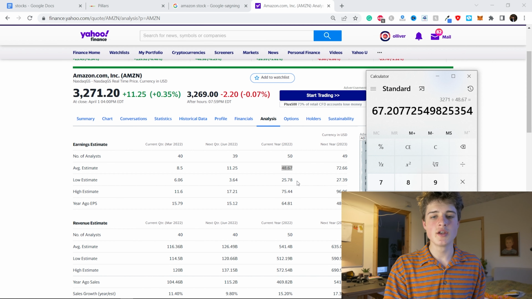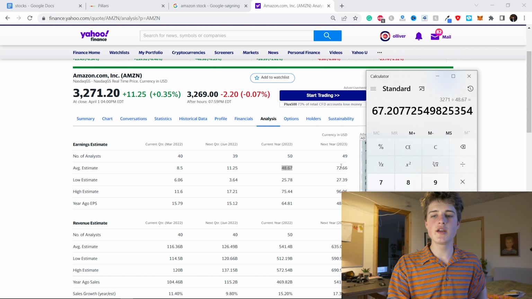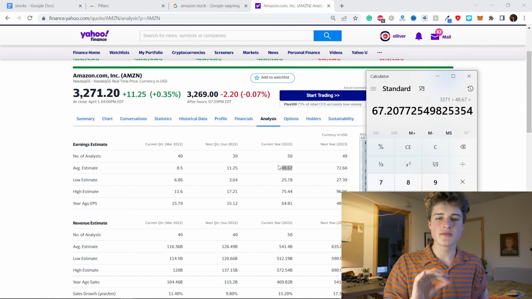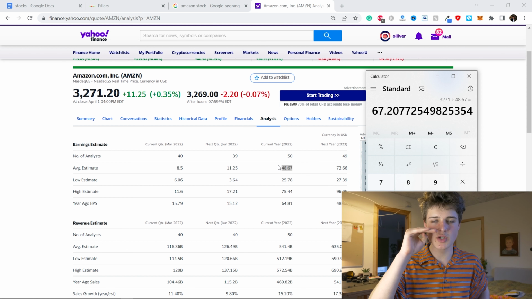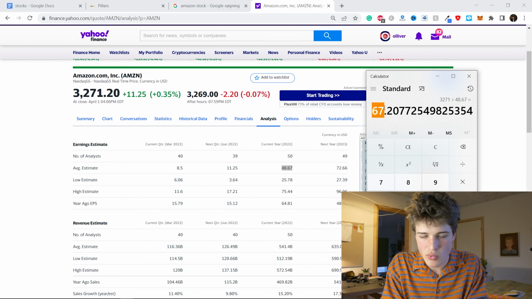So basically what this means is, if they were to stay at this price, so you wouldn't make any money for the next year, basically the price of Amazon would stay the same until the end of 2022. And let's say they do this average estimate here, then they would be trading at a 67 price to earnings ratio.